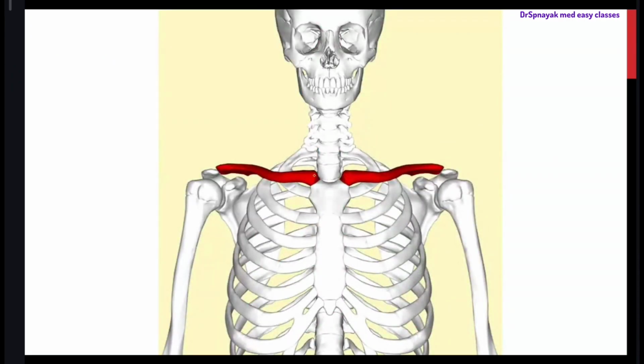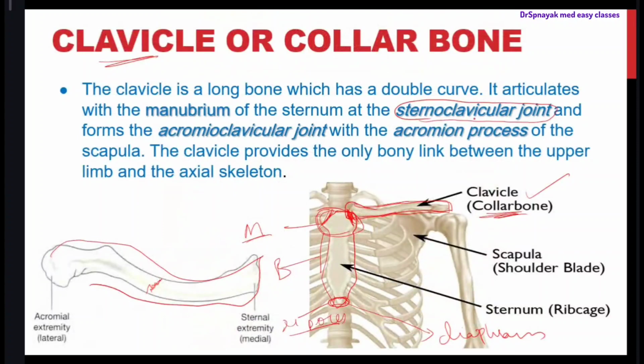The red color one is collarbone or clavicle. It is coming and joining here, on the head of manubrium, on the head of sternum, and it is forming a very small joint. This joint is called sternoclavicular joint.